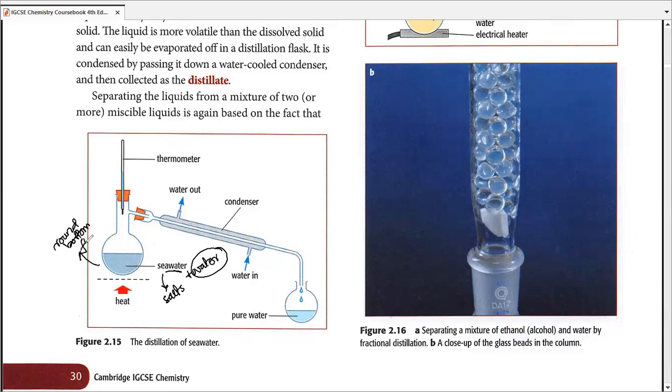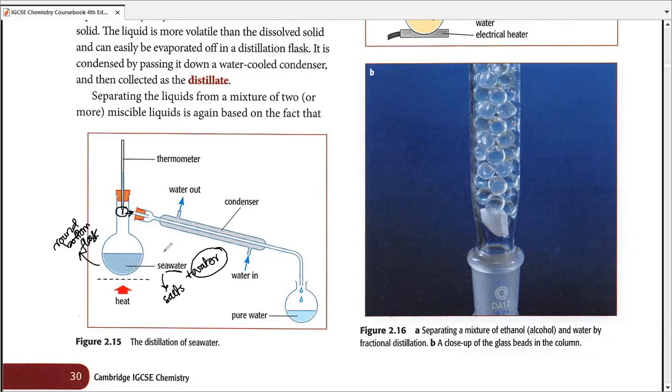So we take that flask and on the upper end, we connect a thermometer. The thermometer gives us a good idea about how high or low the temperature is, or whether we have achieved the boiling point of the liquid or not yet. What you're supposed to do is to make sure that the bulb of the thermometer is right in front of the mouth of the condenser.